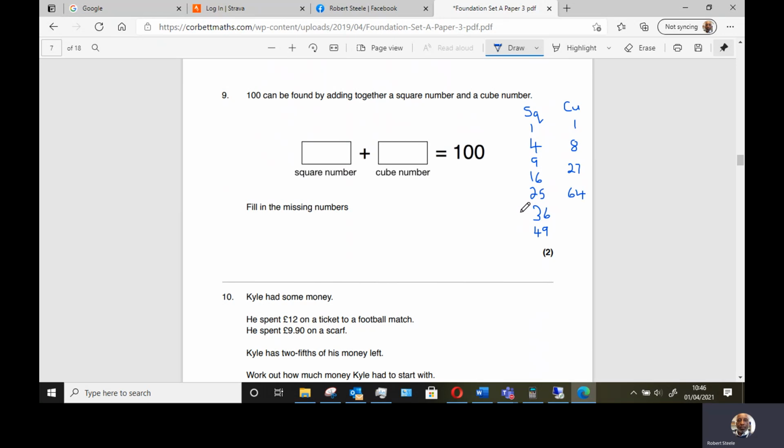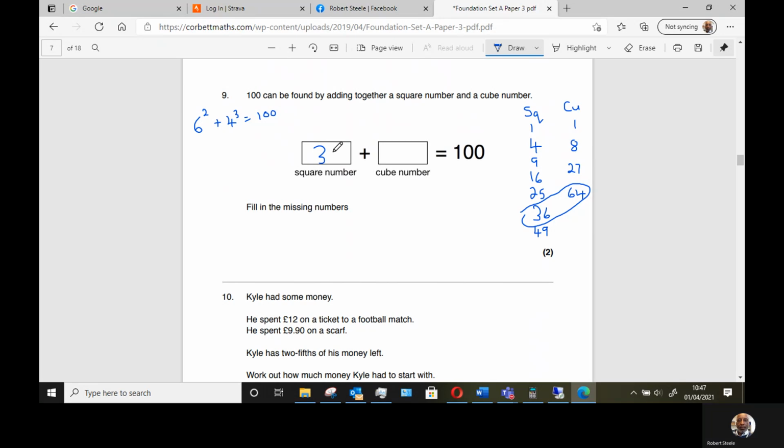Okay, these two would do it. So what we've got there is 6 squared plus 4 cubed is 100.